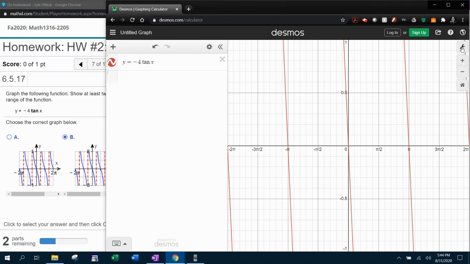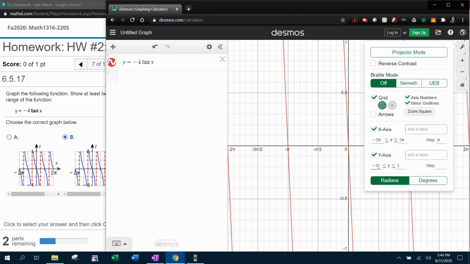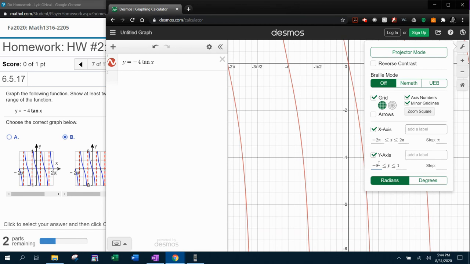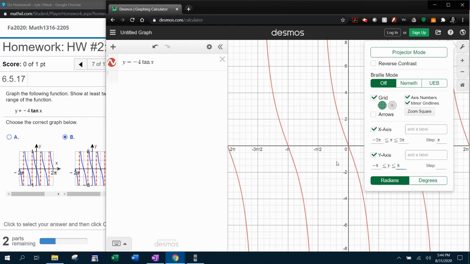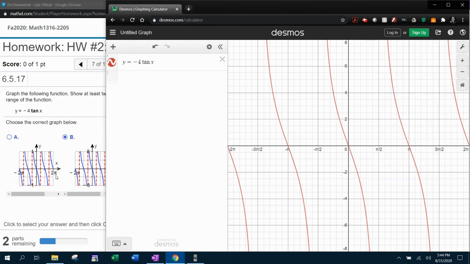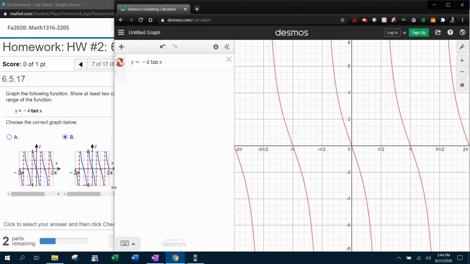So then I'm going to go back to the settings and change my y-axis to negative 8 to 8. And then I'm going to compare this picture to B. And as you can see, I've got part of a squiggle, 1, 2, 3 complete squiggles, and then part of another squiggle.